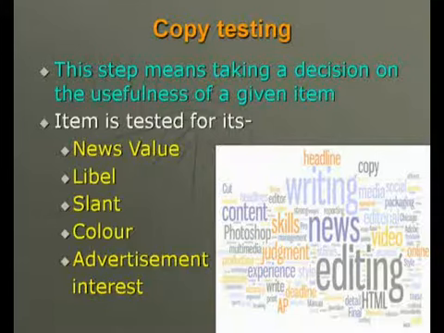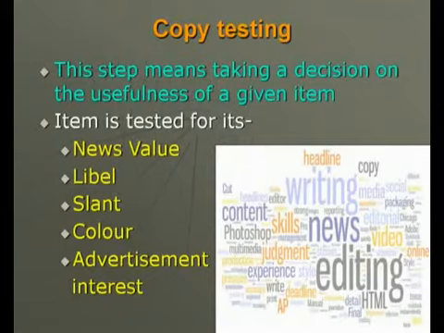So what is the need now? The need is to check all copy kept in different directories on some basic parameters. What are these basic parameters on which copy is tested? This is news value, libel or defamation, slant, color and advertising interest.